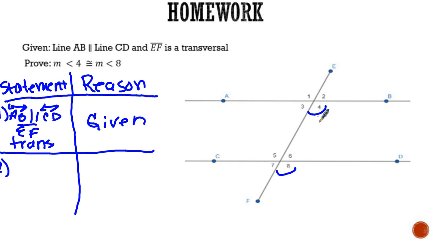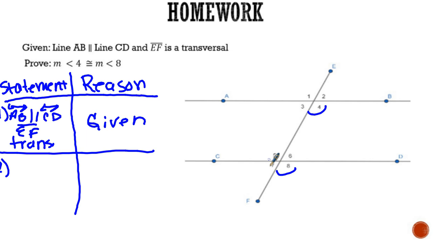I want to connect 4 and 8 together some type of way. So what I'm going to say is that 4 is congruent to 5.